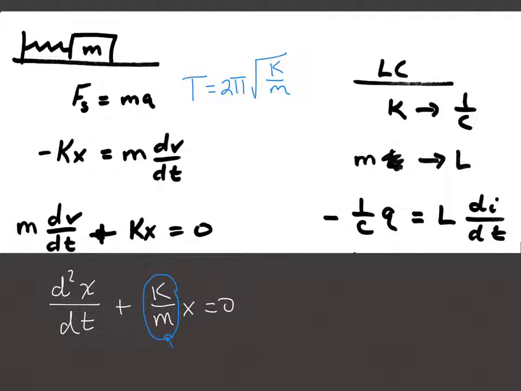If we do the same thing for the LC circuits, k is related to 1 over C. Remember that x was related to the charge on the capacitor, so k is going to be the 1 over C. Now the mass is going to be analogous to the L. So substituting these values into this equation, we get that form.